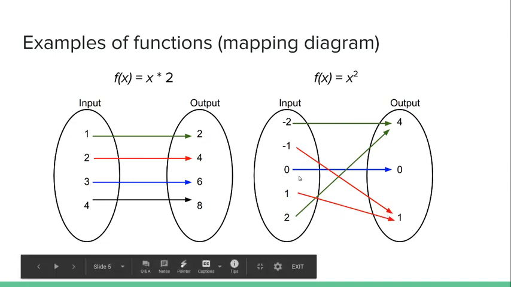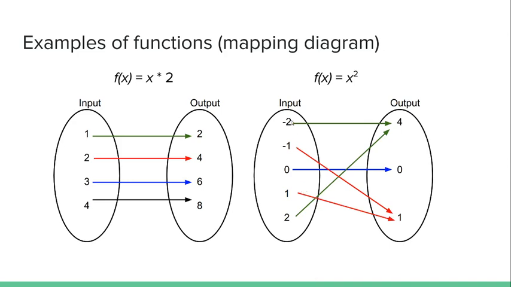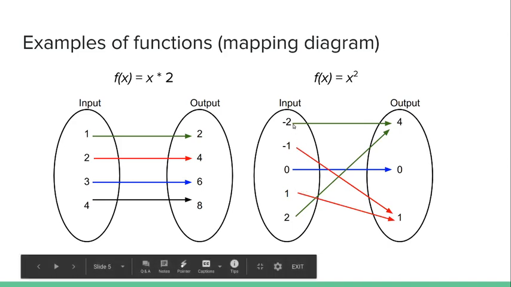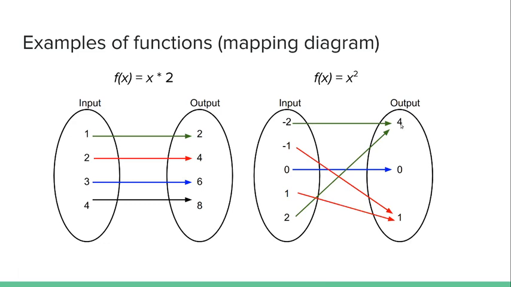So here's a case where we have two inputs that map to a single output, but this is still a function because no matter which value we pick as an input, we always get a single output based on that input. So both of these are examples of functions.